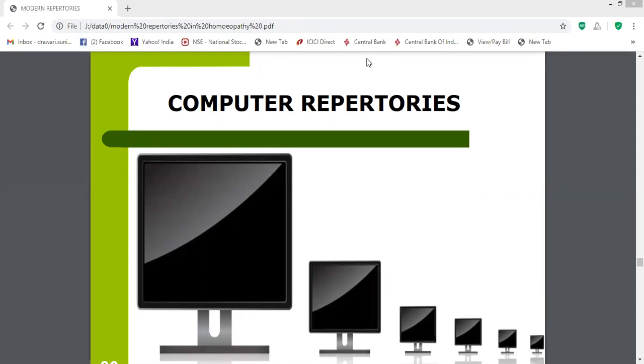Then since about 1980, Homepath, Kentopath, Polycresta, and Radar came to the market. So one by one, many softwares, including different repertories and different materia medicas, came to market.